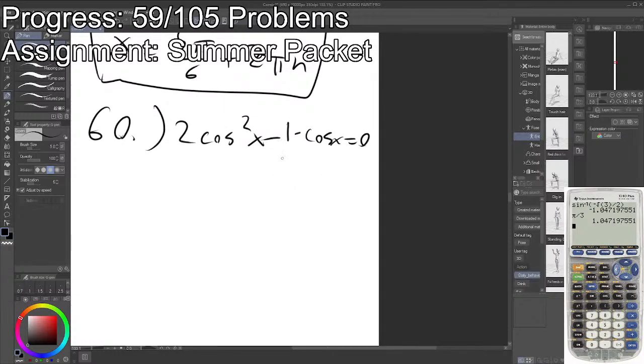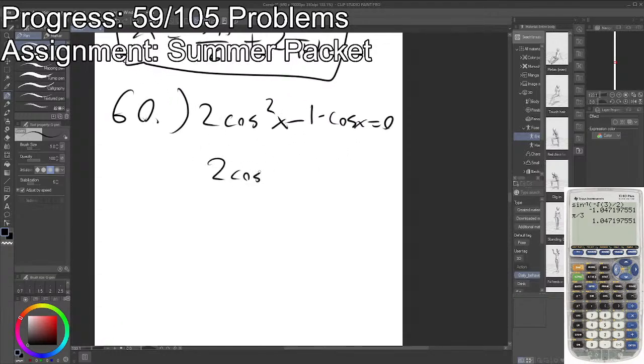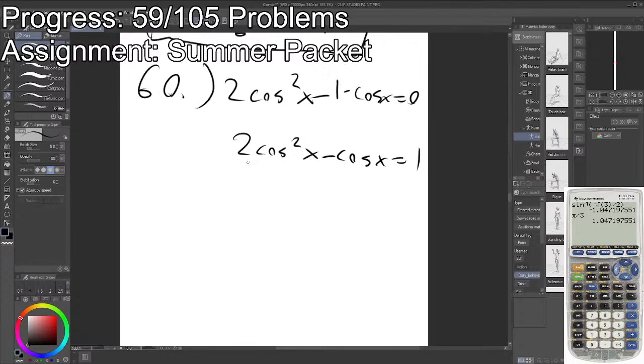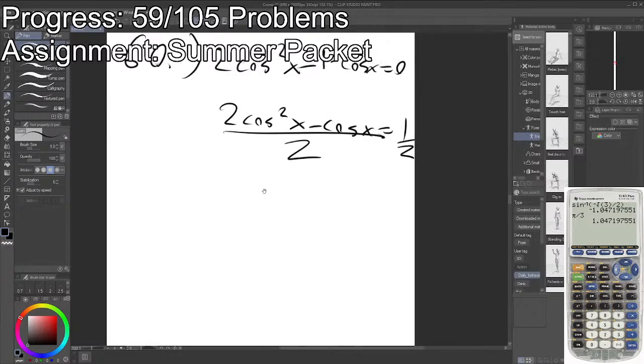So first thing I want to do is add 1 to both sides. Divide by 2. I don't even know if I might be way off.